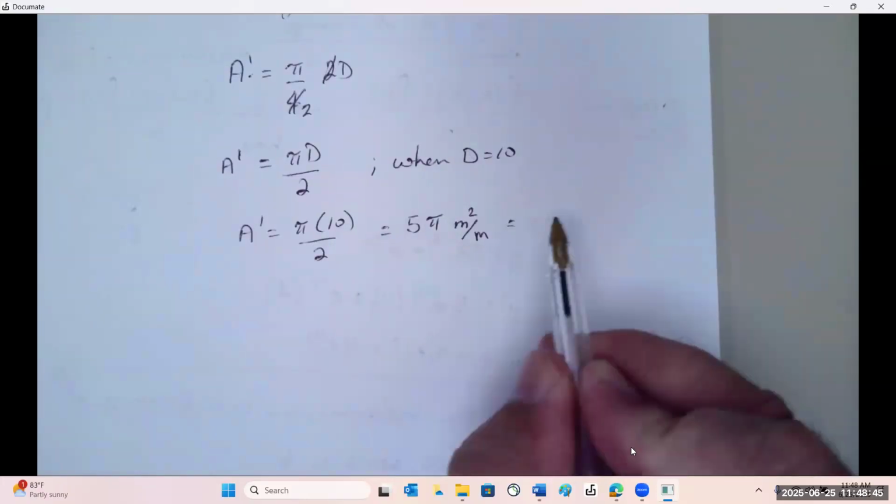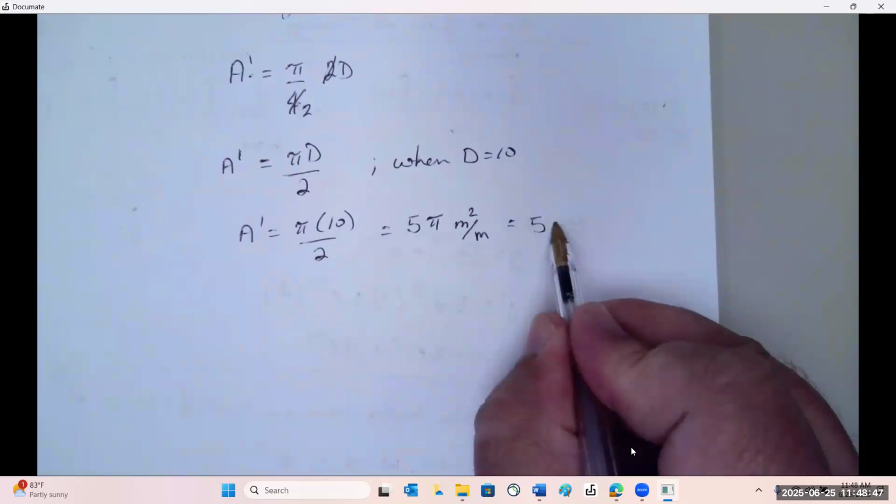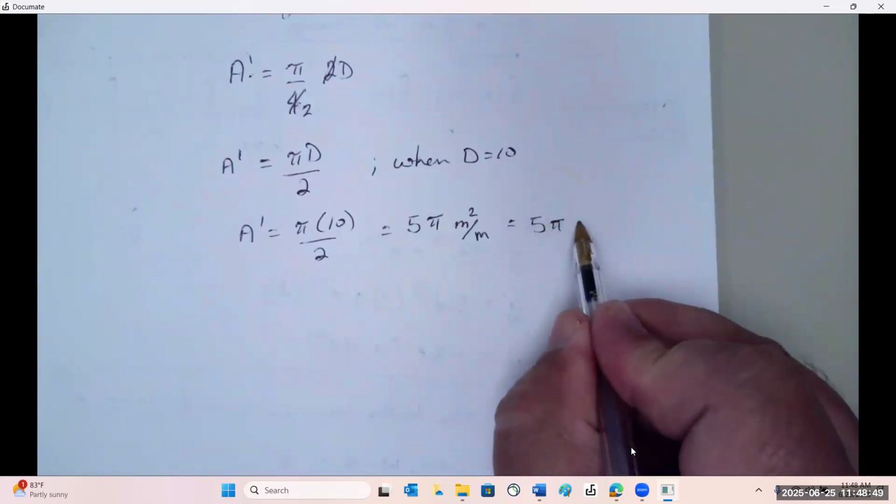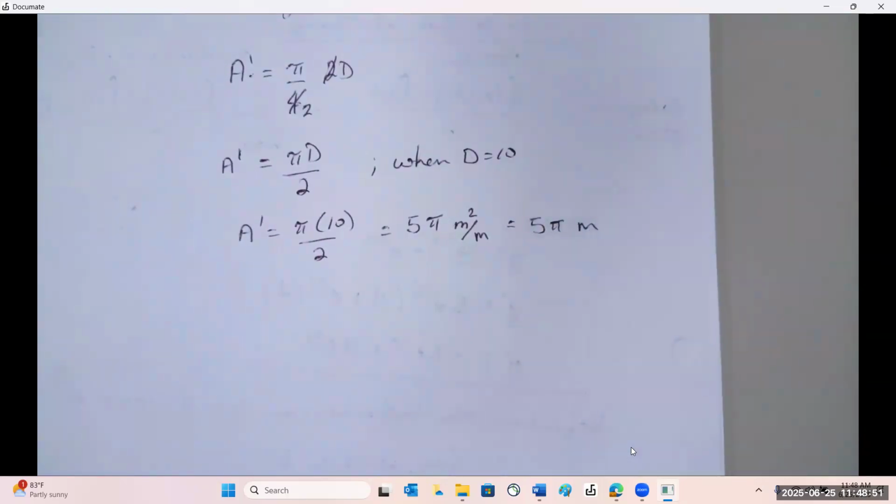So it becomes 5 pi meters squared per meter, which becomes meters. So whenever you use instantaneous, you don't have to use the limit, the difference quotient, anymore. You use the first derivative, and we're done.